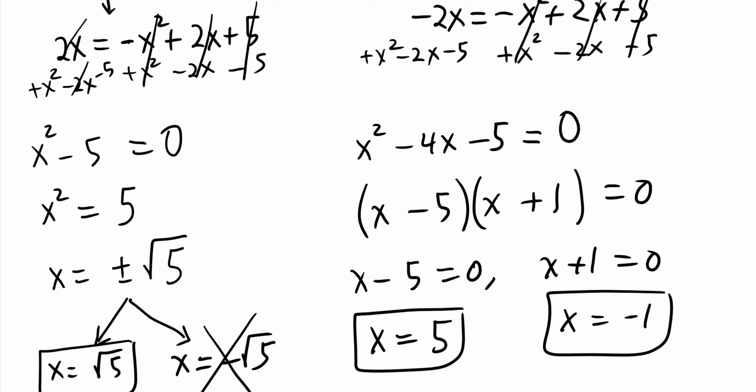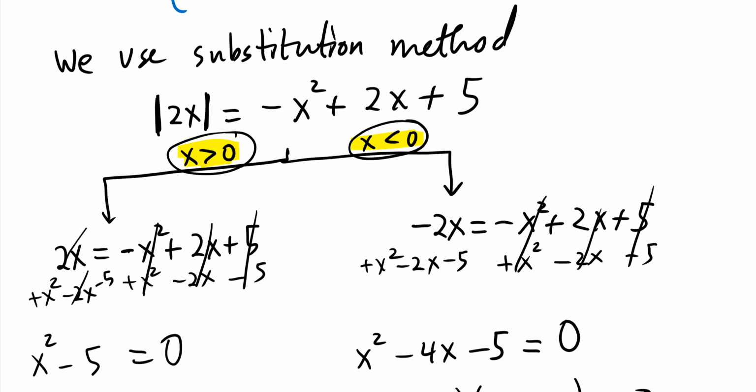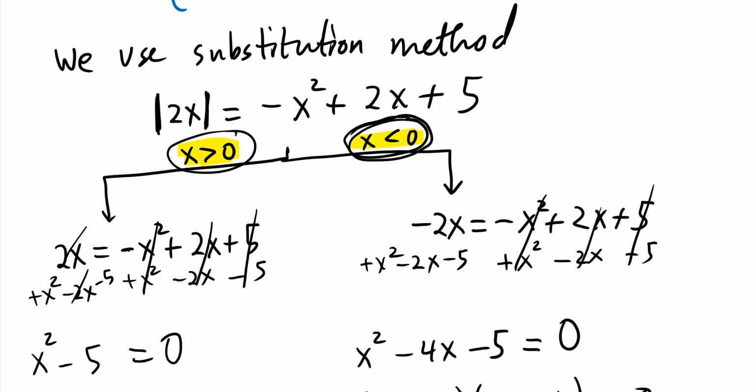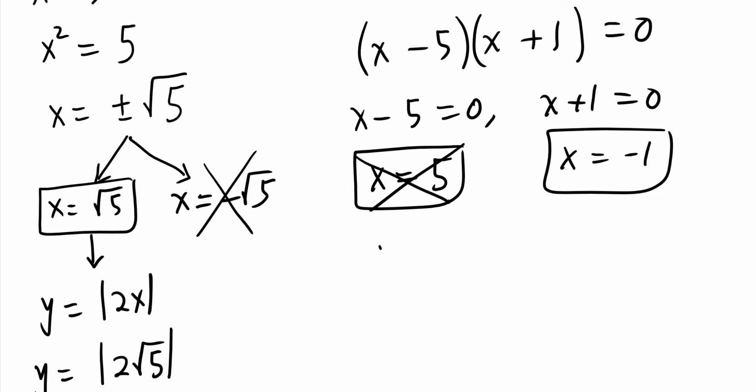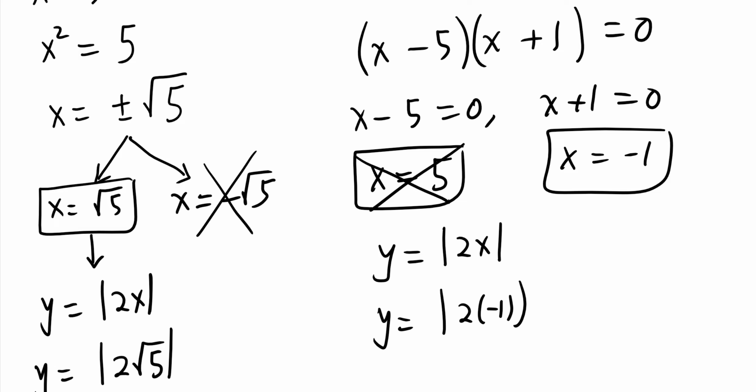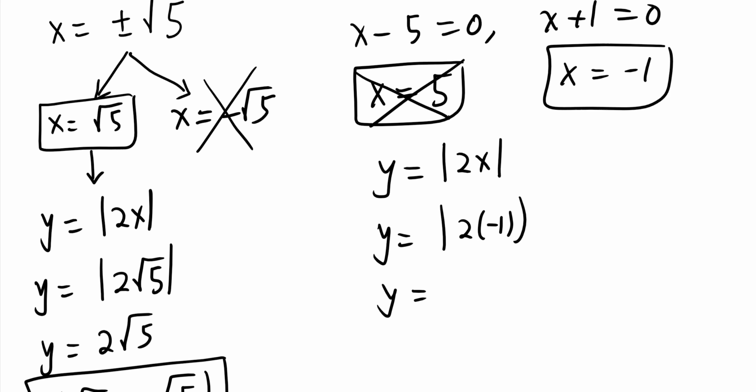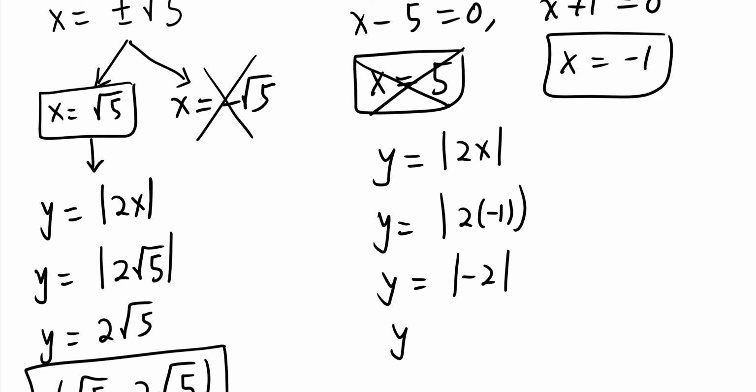I boxed both of them, but I need to go back up. Only take x when it's negative. This is not negative. So I only take x equals negative 1. To get the corresponding y value, I can use this. Y equals 2 times negative 1. Y equals the absolute value of negative 2, which is positive 2.